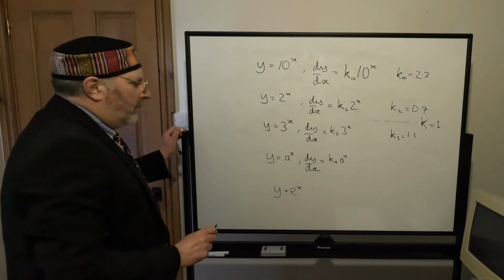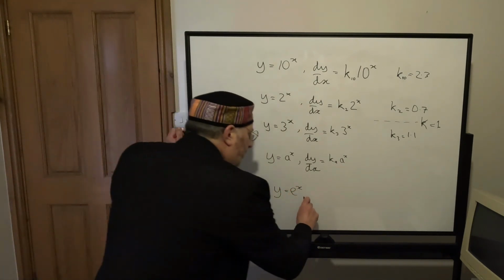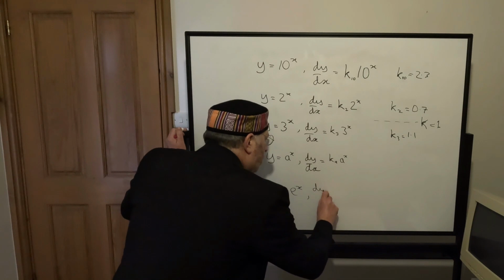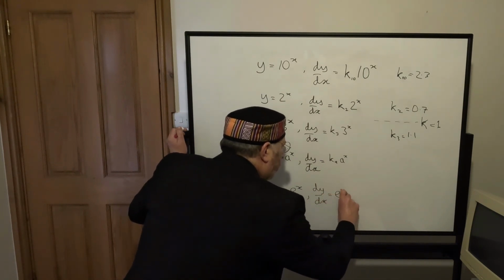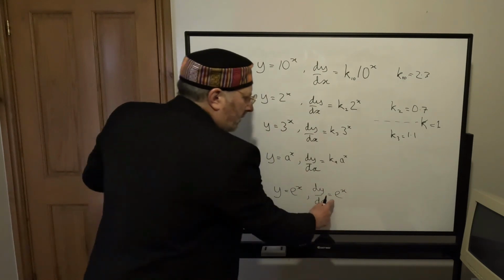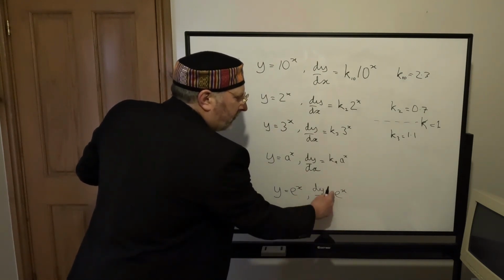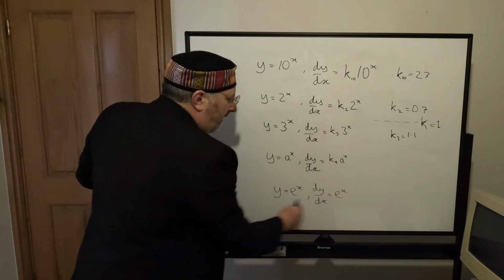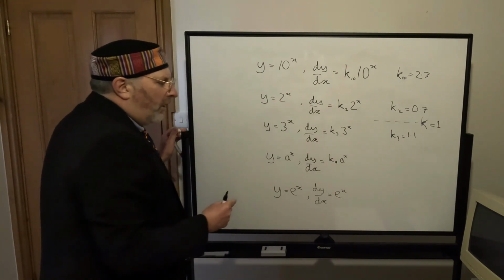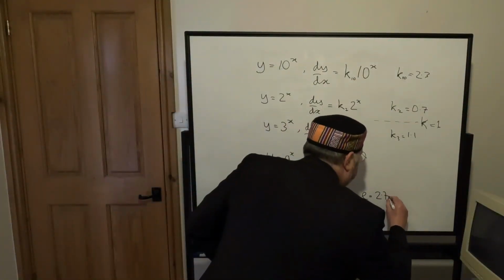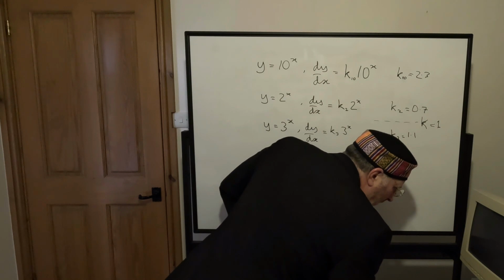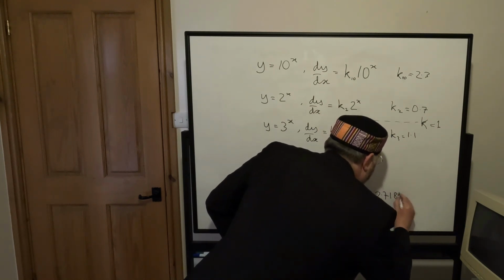So if y equals e to the x, then dy by dx equals the constant times e to the x, and this constant is 1. That is our definition of e, and it comes out as e is about 2.7183.